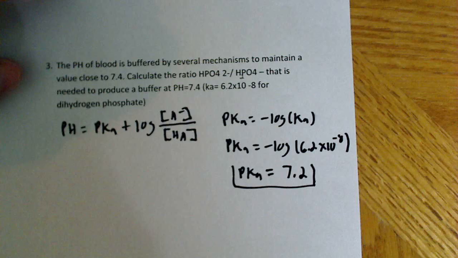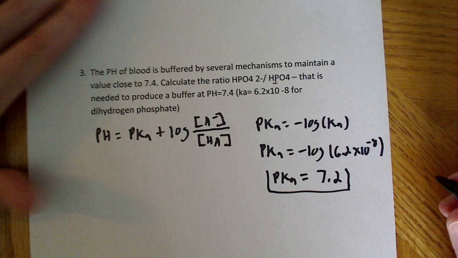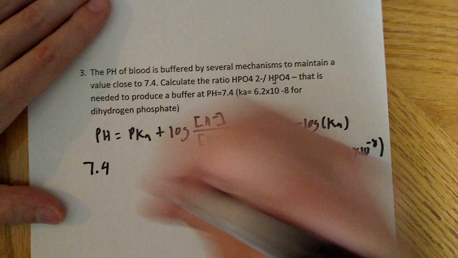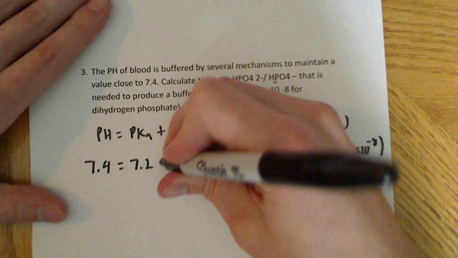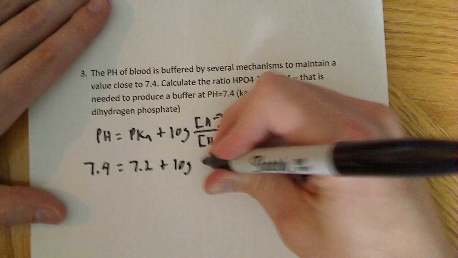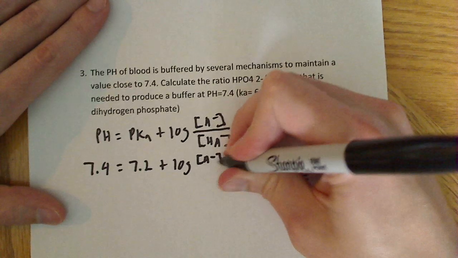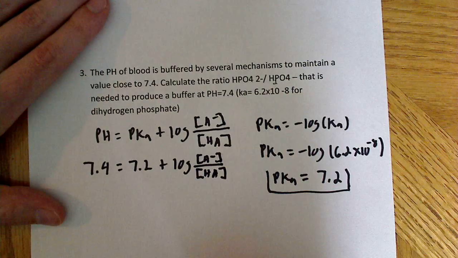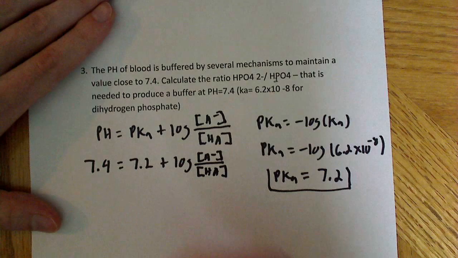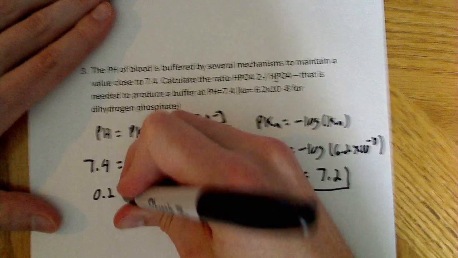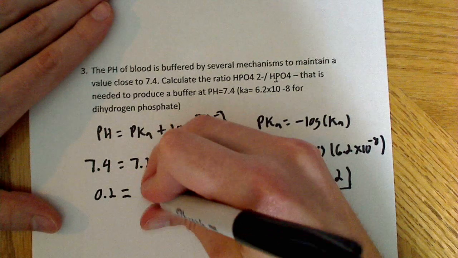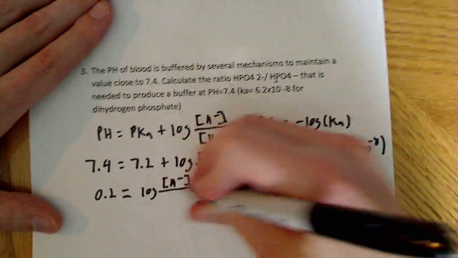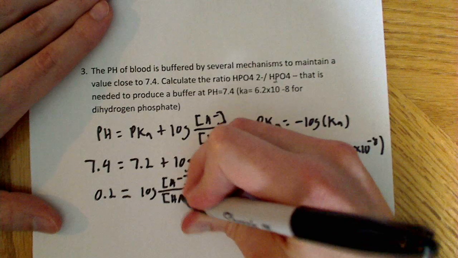Now that we have that, we can plug in a couple numbers. Working with the Henderson-Hasselbalch equation, 7.4 is our pH, which is equal to 7.2 plus the log of A- over HA. We can subtract 7.2 from 7.4, which gives us 0.2, and that's equal to the log of A- over HA.